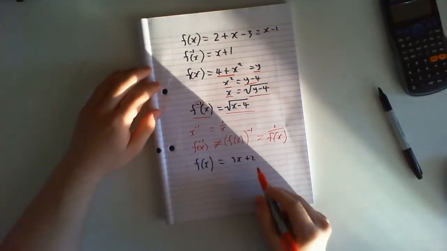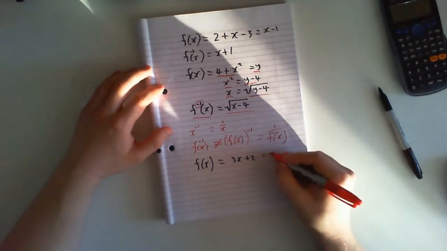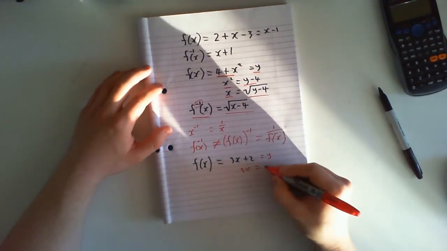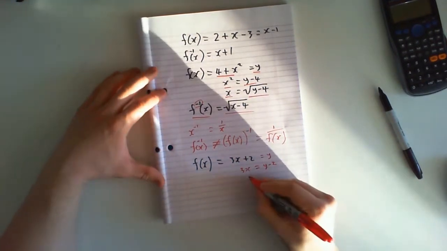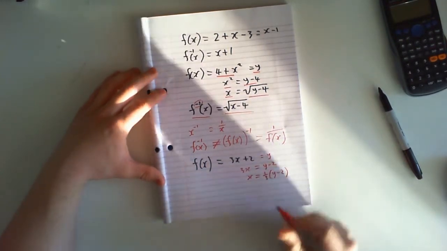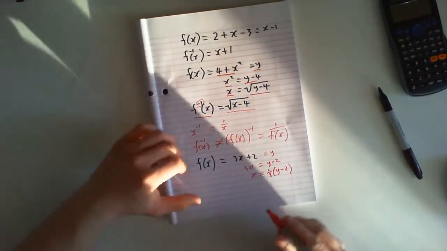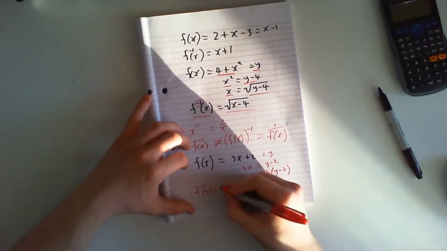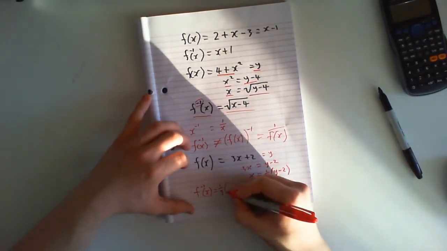And we have this is equal to y. So we move the 2 across, so we have 3x equals y minus 2, and x equals 1/3 y minus 2. Okay, so that's our inverse function. So our f to the minus 1 of x equals 1/3 x minus 2.